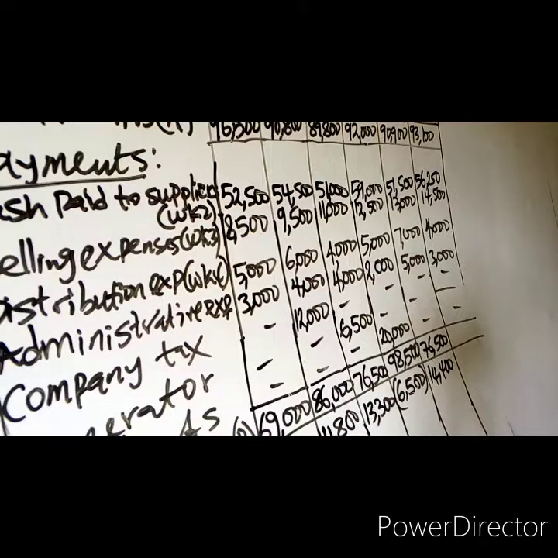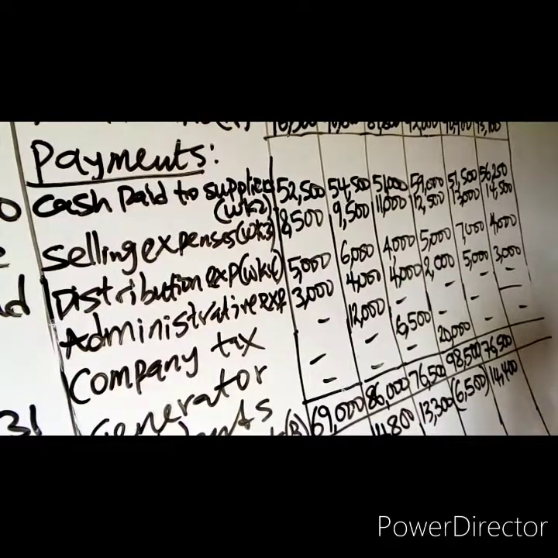Then for the month of June, let's sum up the payment. Then we have 56,250 plus 14,500 plus 4,000 plus 3,000. Then you have 77,750.